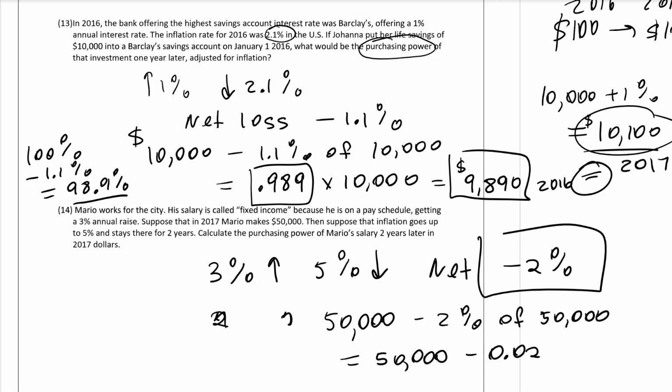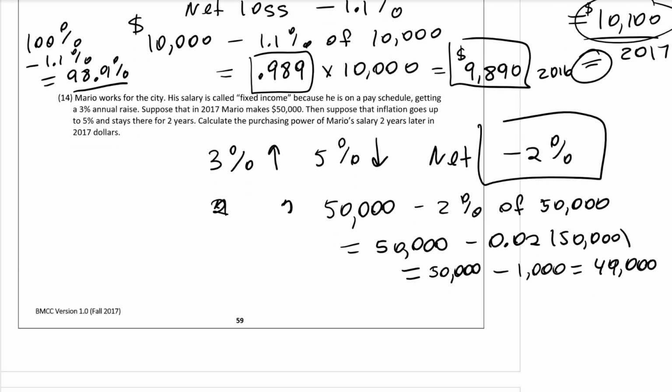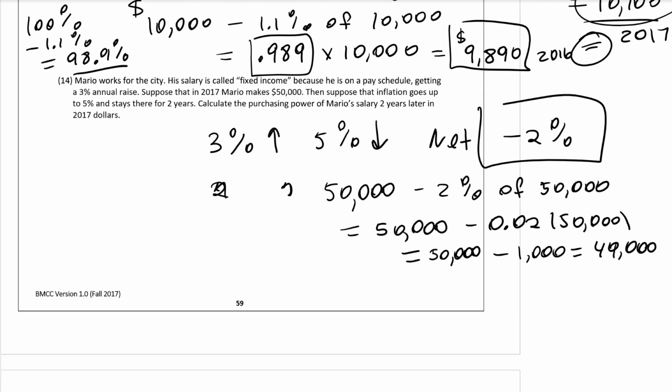I'm going to do it the long way, and I'm going to do it the shortcut way. 2% of 50,000 is 1,000. So it's 50,000 minus 1,000, which is $49,000. That's the first year, correct? To do it the quicker way, you take 50,000 and multiply it by 98%. If it's a 2% change, you're going to get the same answer, 49,000.